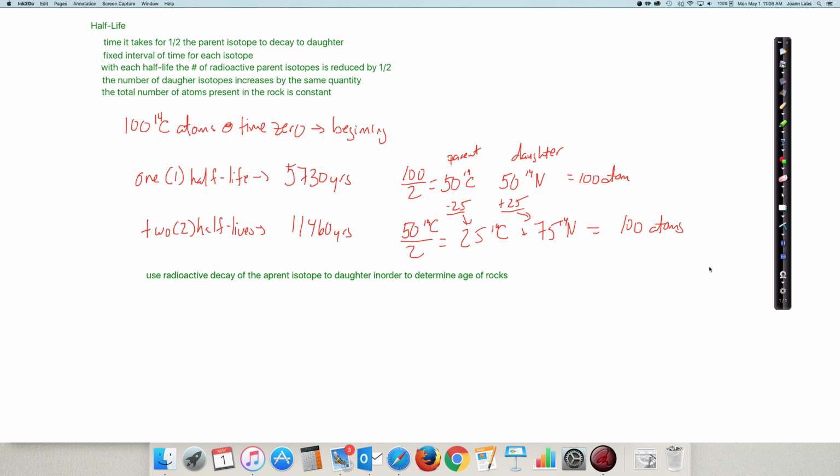So I'm going to show you how they do this. T0 is the beginning or the start, so that's what it's going to look like. T0 is how I'm going to write it.